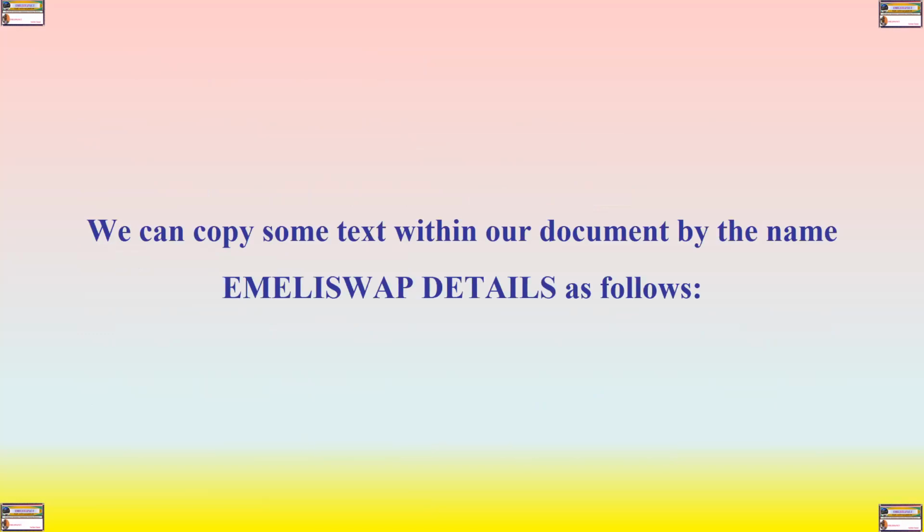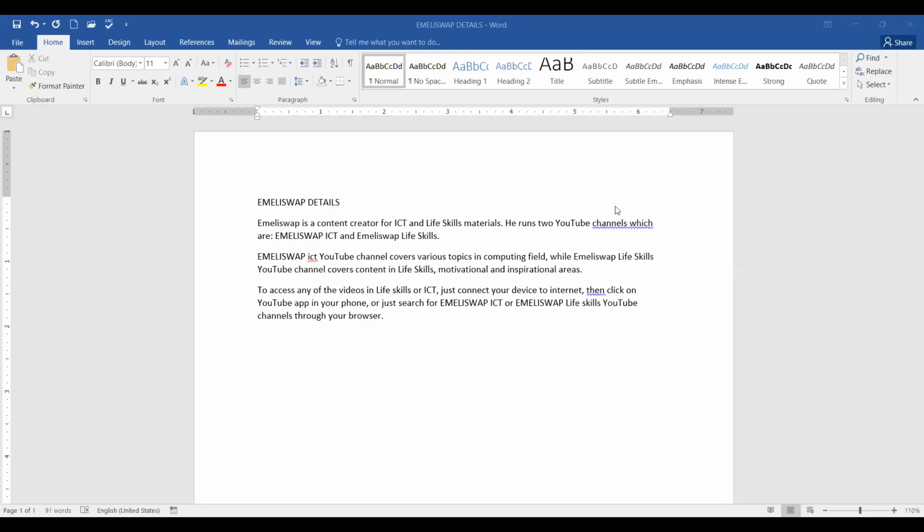We can therefore copy some text within our document by the name MLSwap details as follows. While we are here in our document, we can select some text that we want to copy.